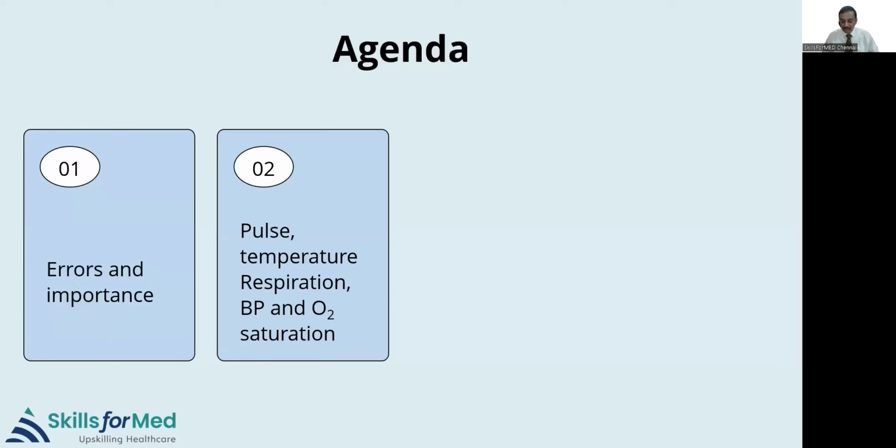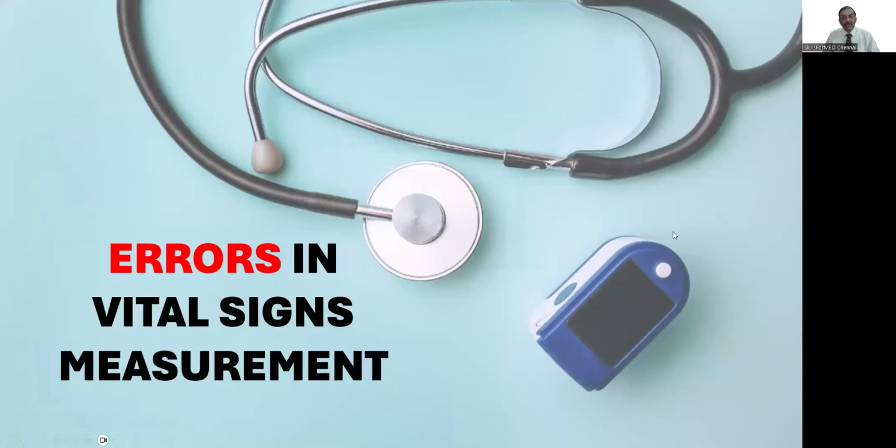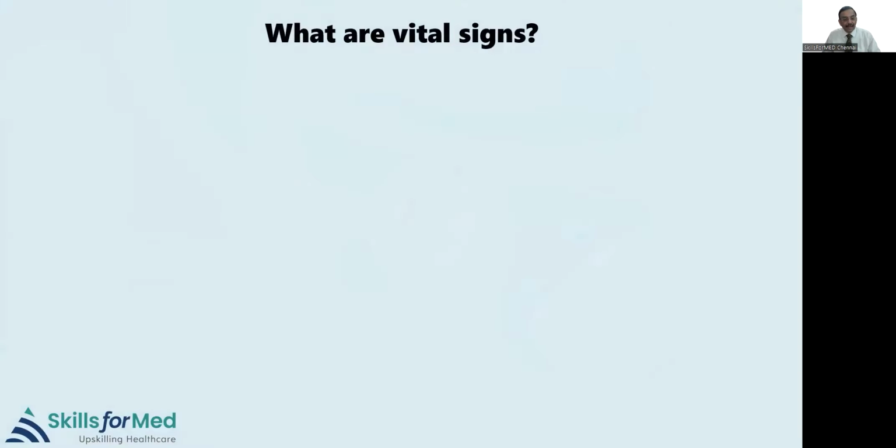In addition, I'm also going to talk about pain measurement and CBG measurement, which I think most of the time the vitals measurement also includes. So pain, in fact, is called the fifth vital sign, isn't it? So I'm going to talk about the errors which can happen while doing these sort of measurements also. So we're going to talk today about errors in vital signs measurement.